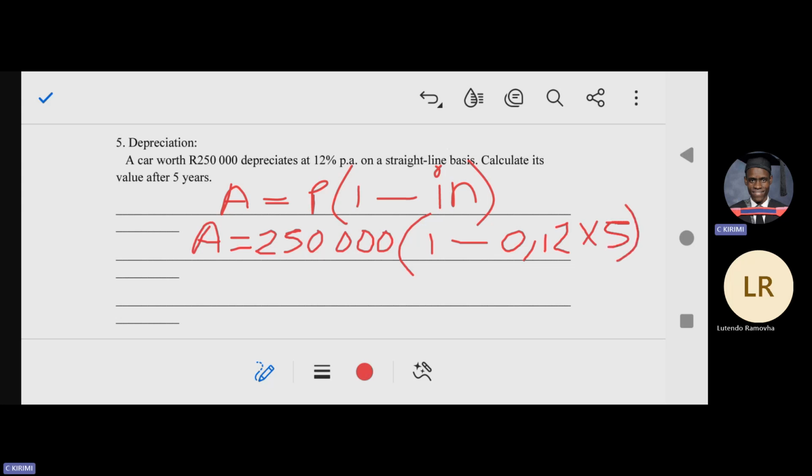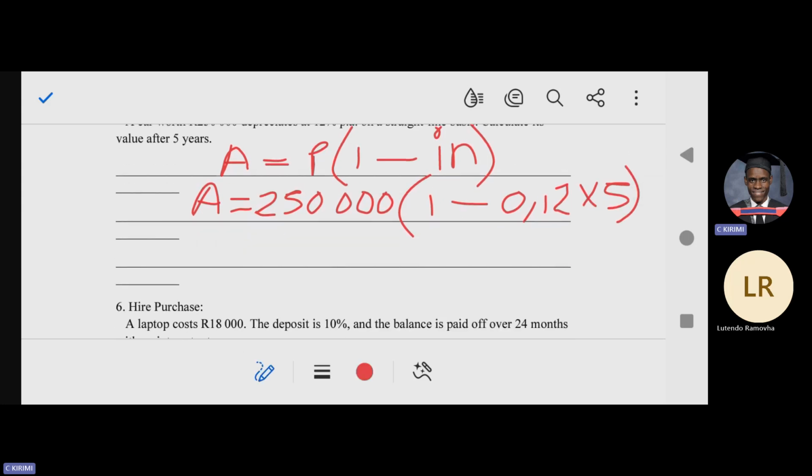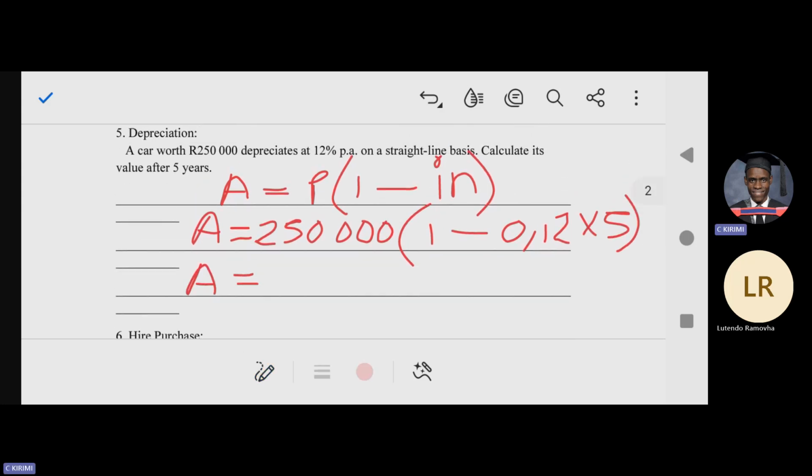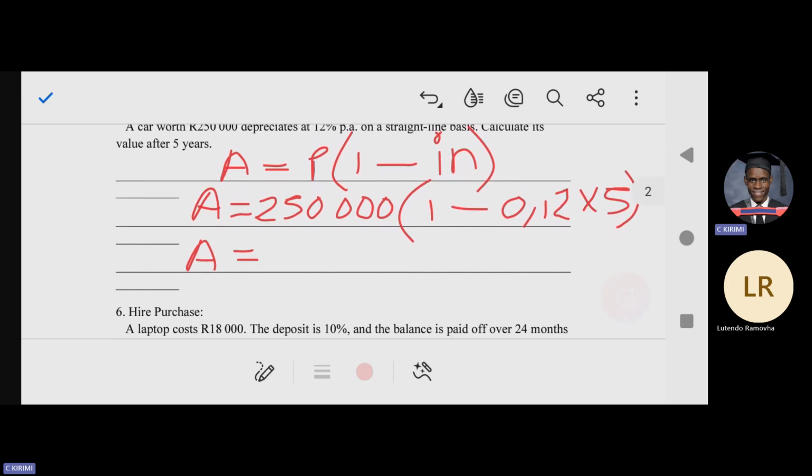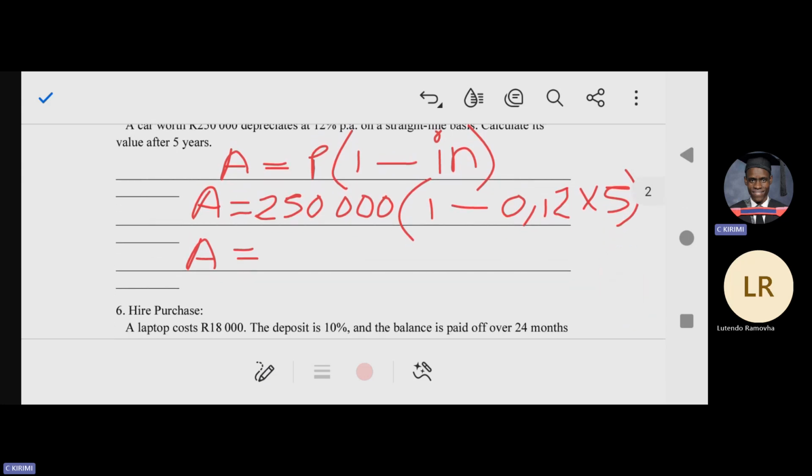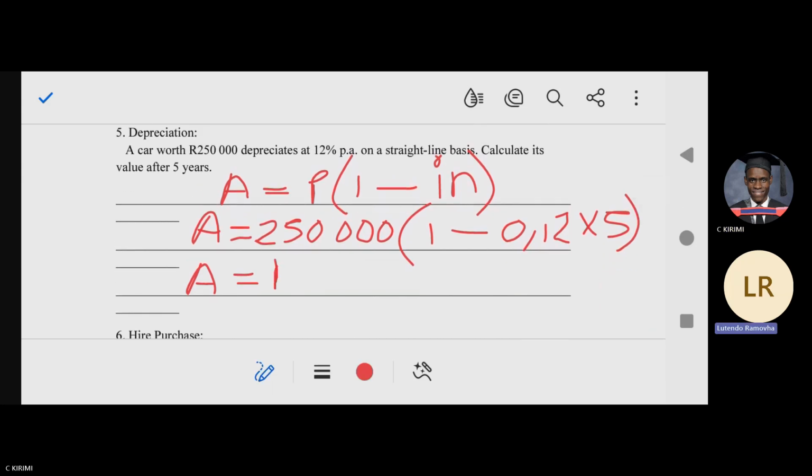Then you close your bracket. When you punch everything there, what are you getting? 100,000. So your final amount after 5 years, the car would have a value of 100,000. That would be the final amount.